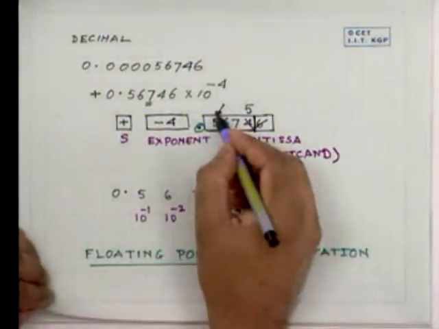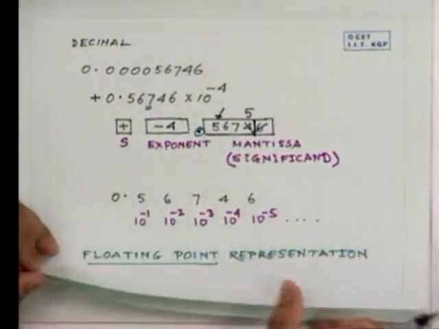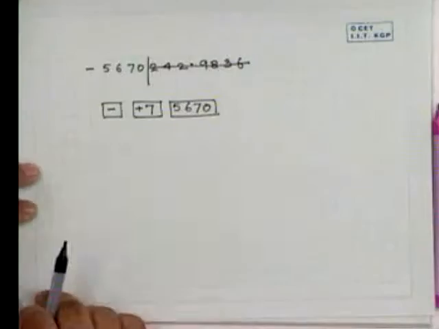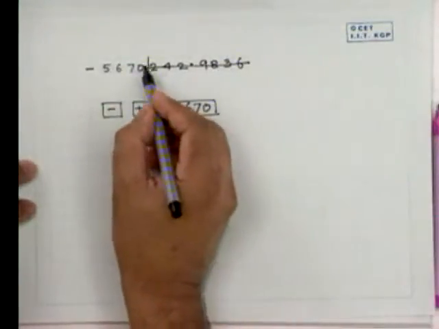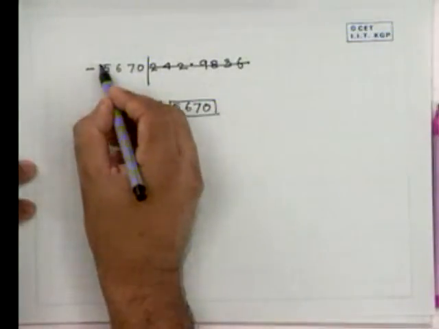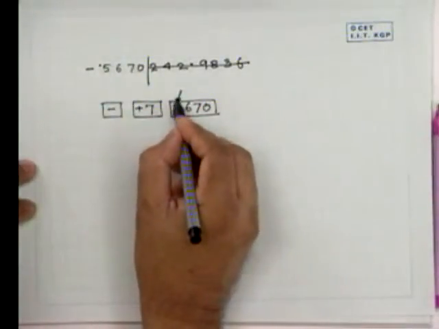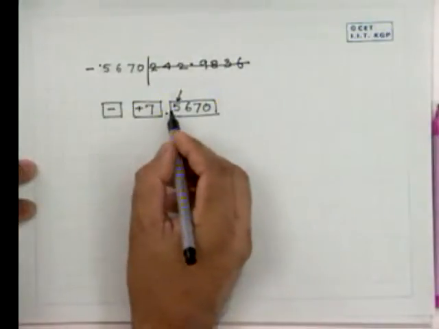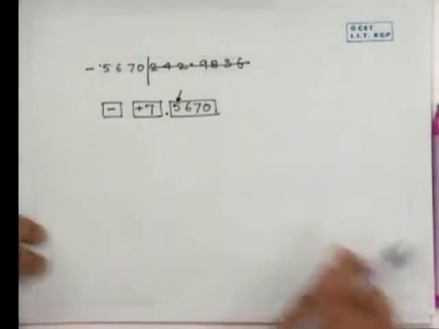Say it is here, it's a non-zero, right? Similarly, in the case of this number, we have slid the decimal point here, but the most significant digit after the decimal point is a non-zero.